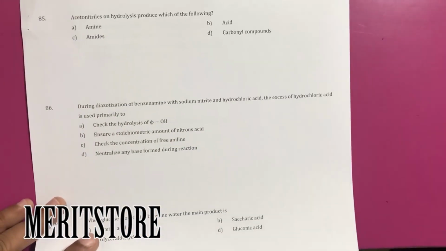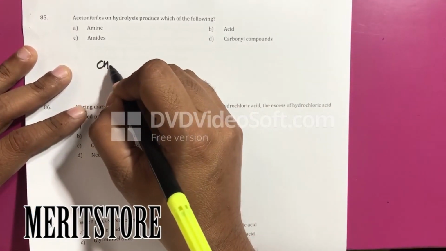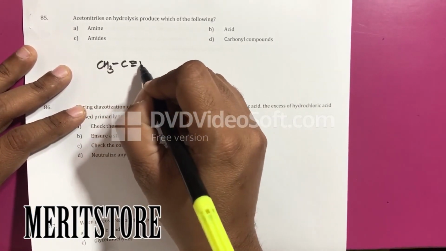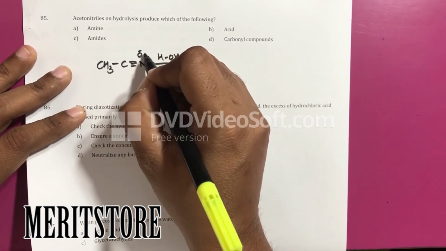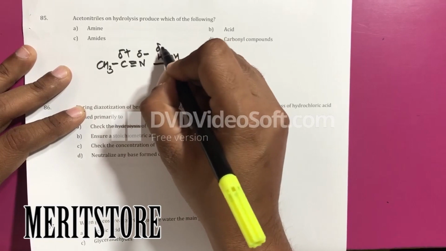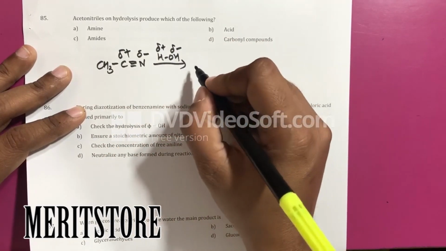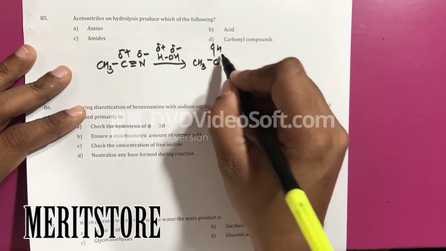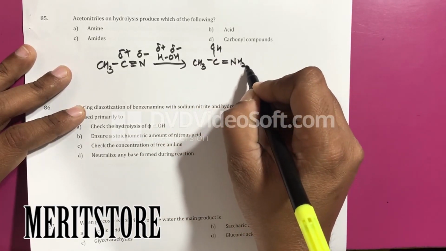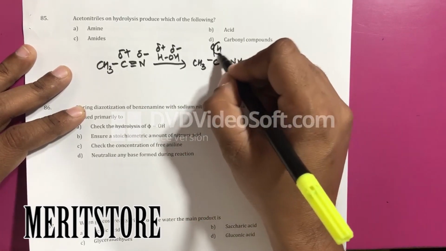Question number 85. Acetonitrile on hydrolysis produces CH3C triple bond N. When on hydrolysis, this is negative and this is positive. Proton is positive, this is negative. So nitrogen will get the H and the carbon will get the OH. So CH3C(OH) double bond NH, and this undergoes the hydrolysis.